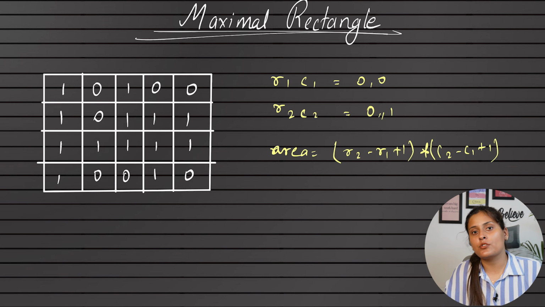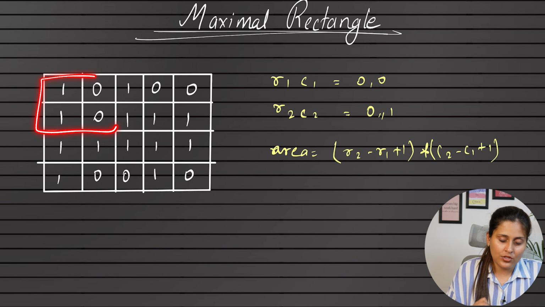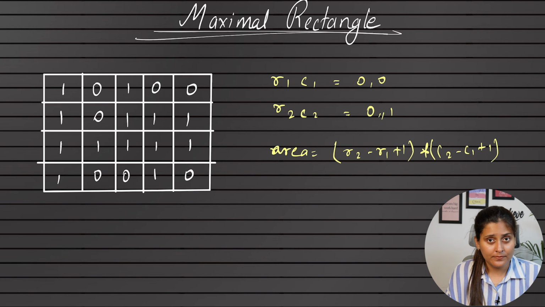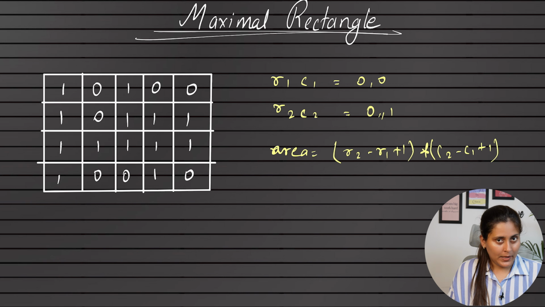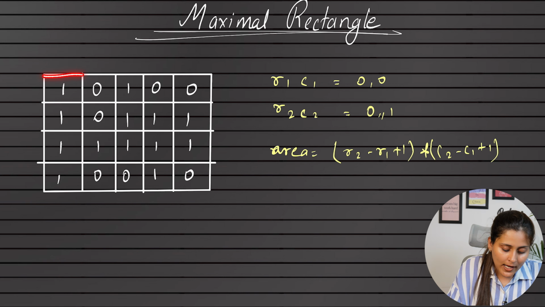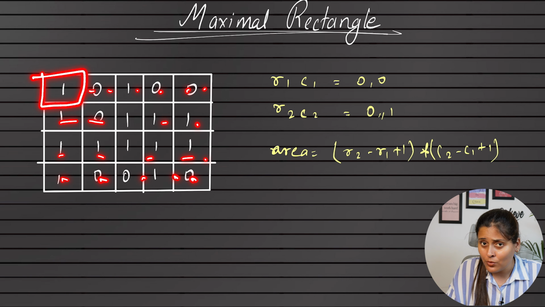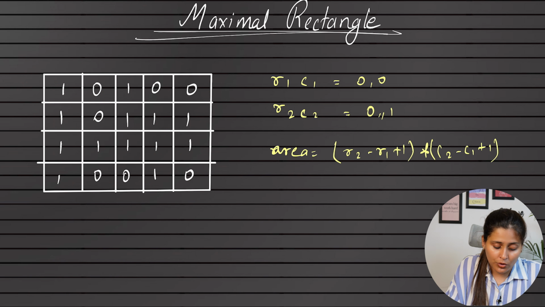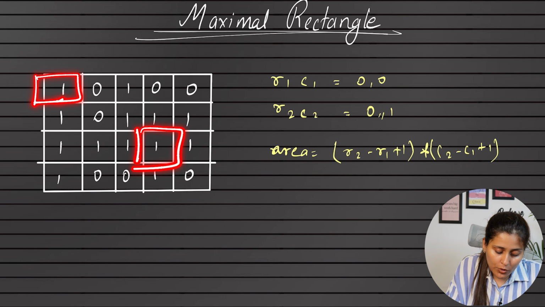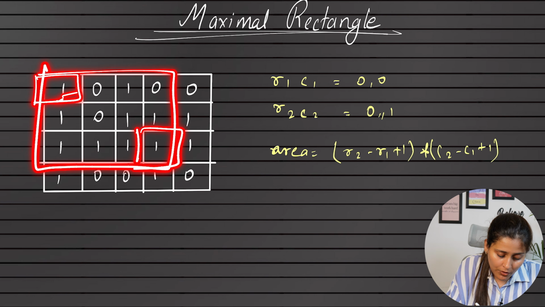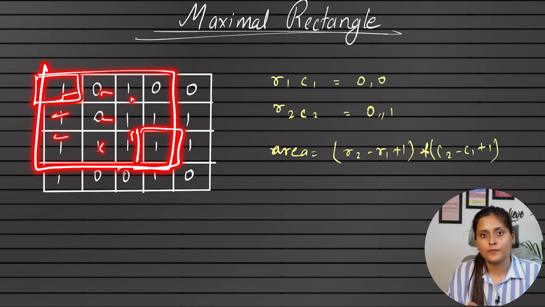So further O of n square complexity. But this was for one R1. For a single R1 C1 you have calculated multiple R2 C2, and in those R2 C2 also you again ran O of n square to check whether every such element in between is 1 or not. Can I say this?